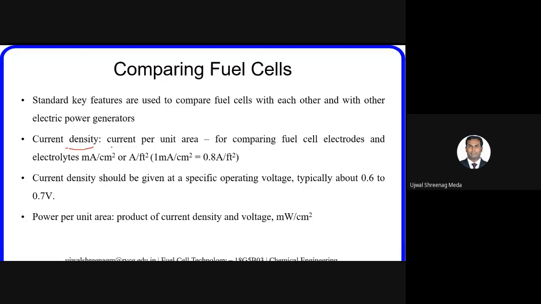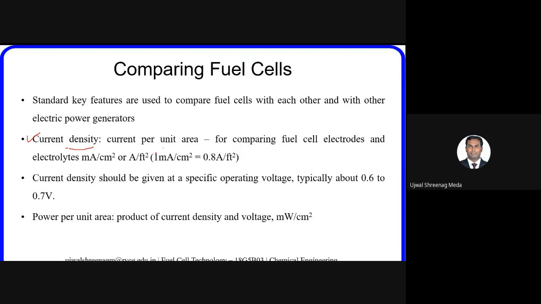Taking that into account, the current that is generated from a fuel cell is always expressed per unit area of an electrode. So that is what we are talking about here. It is the current density, which is nothing but current per unit area. If nothing is mentioned, it is always understood that the unit area is the area of the electrode.